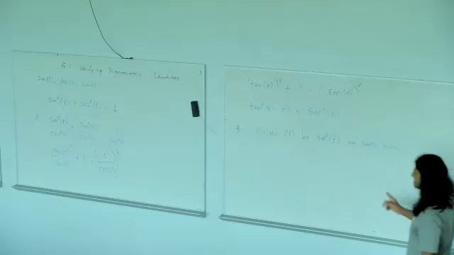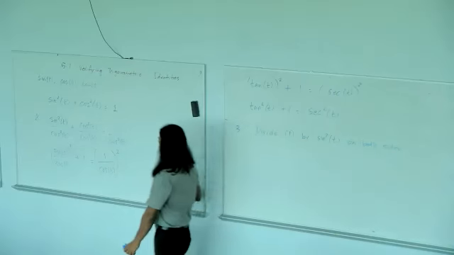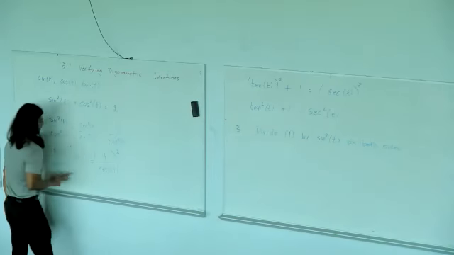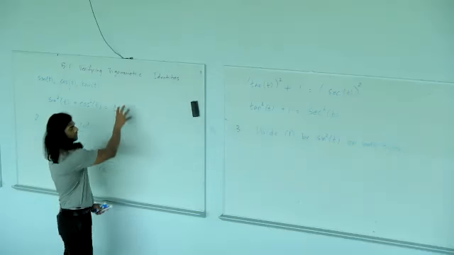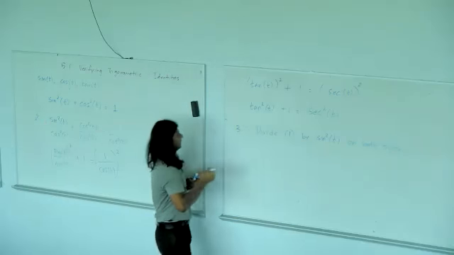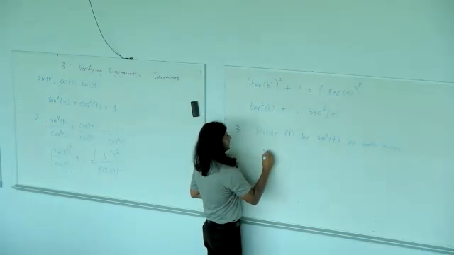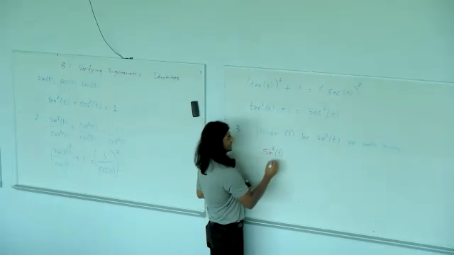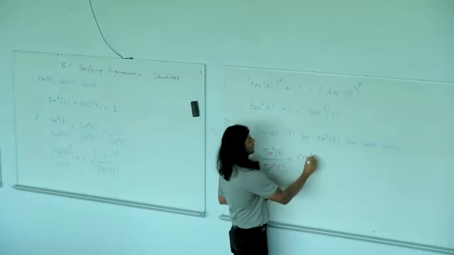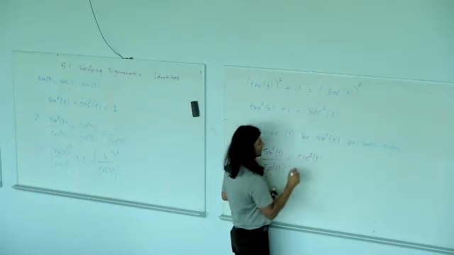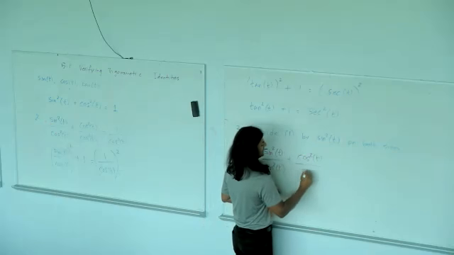Okay, so I want to divide both sides by sine squared t. Number 1 times sine squared t. Settle down, Peter. Sine squared t plus cosine squared t, divided by sine squared t.